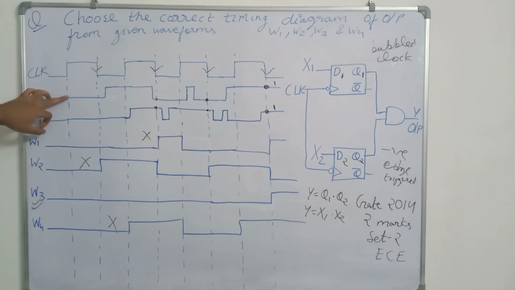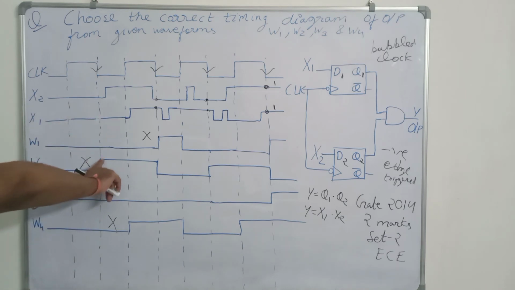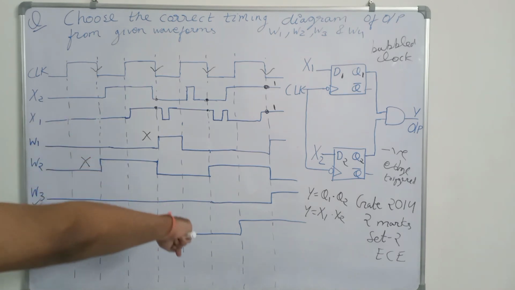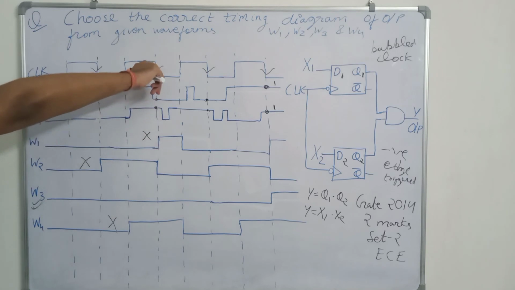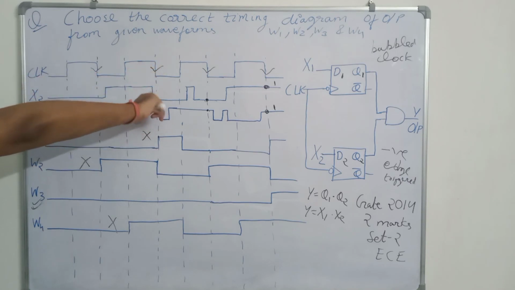Here x2 is equal to 0 and x1 is also equal to 0, so both are 0 and 0. But W2 is going to 1, so W2 cannot be the answer. At this falling edge, x2 is equal to 0 and x1 is equal to 1, so their ANDing must be 0.